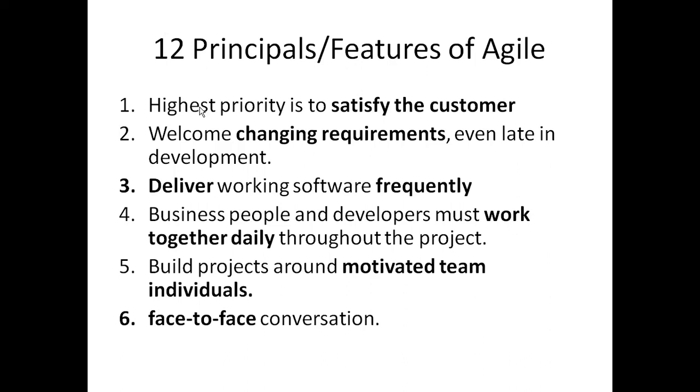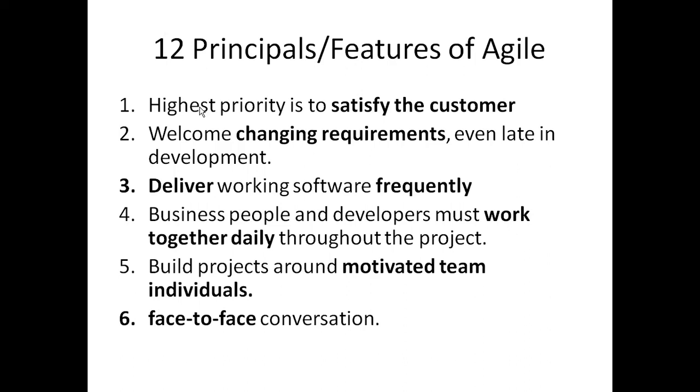Fifth one is build projects around motivated individuals. That is, all the team members should have some motivation while developing the product. The focus should be on getting high quality, and each member in the team should understand each other very well, and to do that they should have good communication within them.